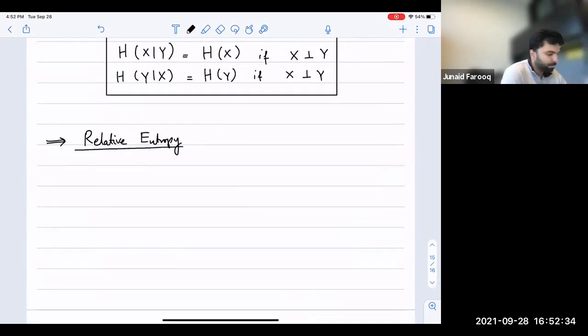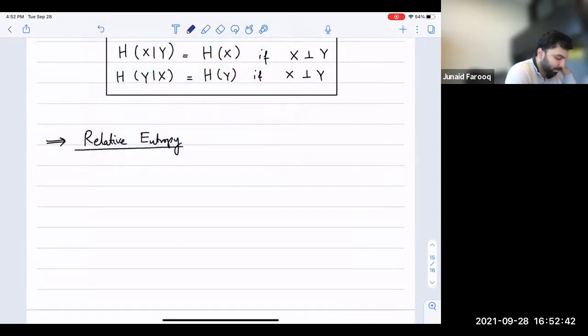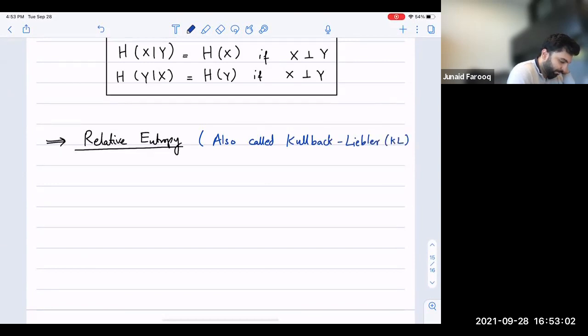Relative entropy is also sometimes, if you've heard about it, called the Kullback-Leibler divergence. Right, KL divergence.